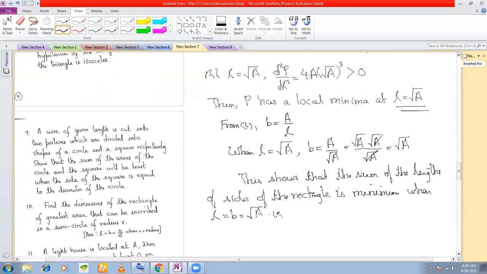That is, when length and breadth are same, what do we call it? We call it a square. That is, when the rectangle is a square. Okay, that is what you have to show.